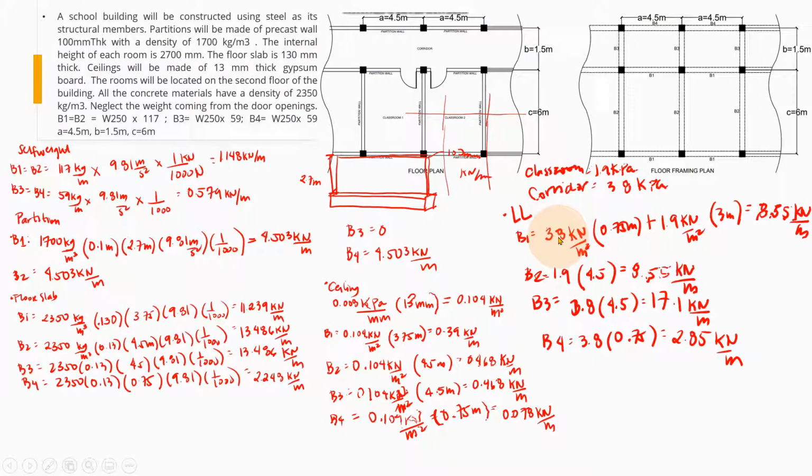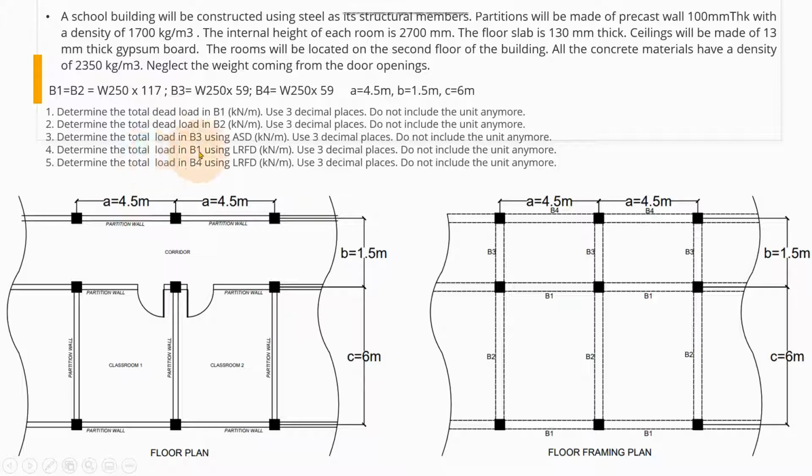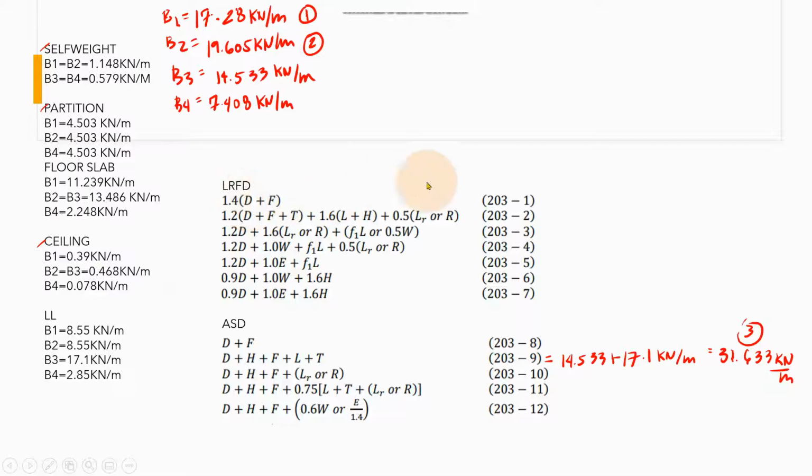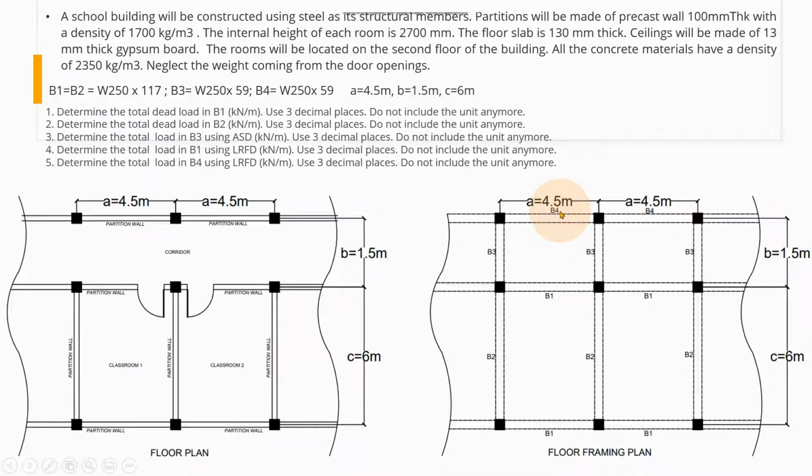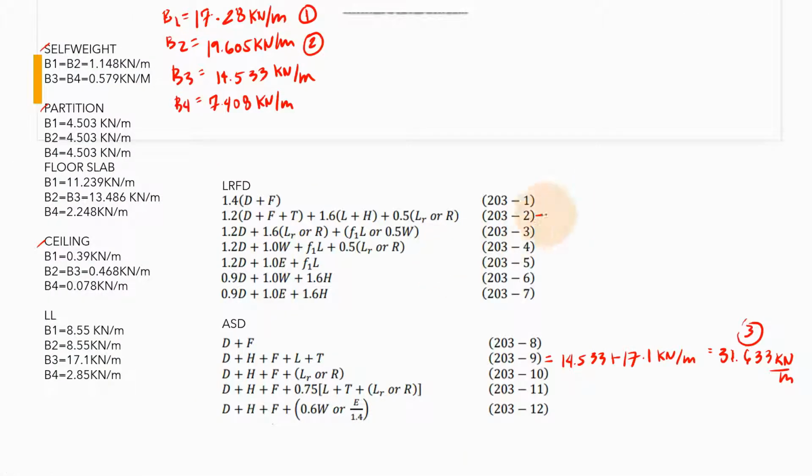For question number 4, ang tinatanong niya is, determine the total load in beam 1 using the LRFD. So sa beam 1 naman daw using LRFD. So we have the dead load and the live load. So assume ko this one, 203-2 yung pinaka-maximum natin dito. So yung beam 1 natin, we have 1.2 multiplied by 17.28 plus 1.6 coming from the live load, which is 8.55.